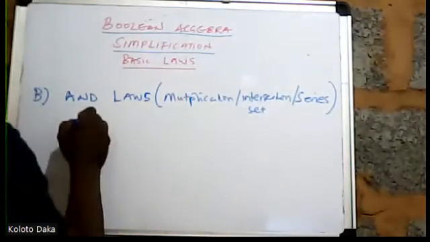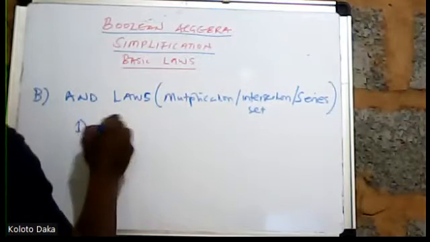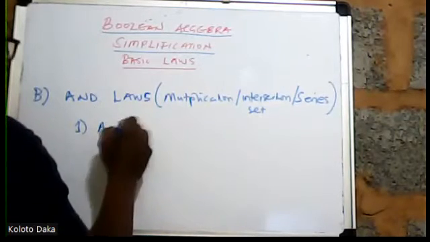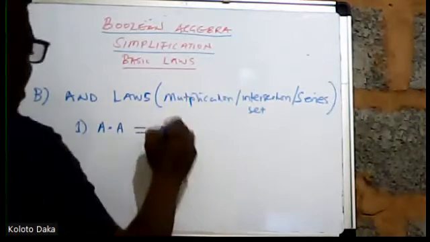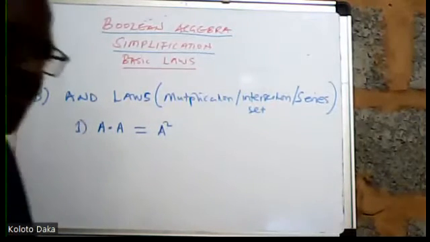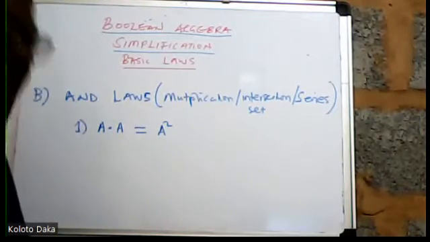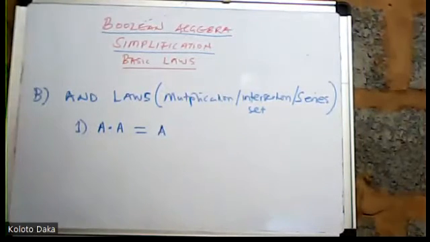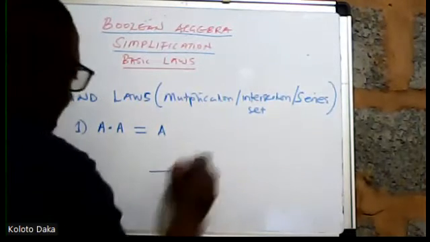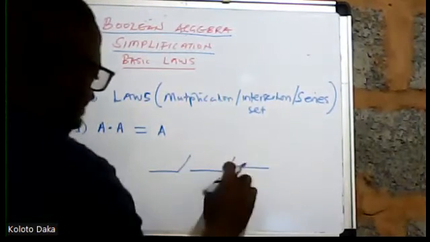The first one, A multiplied by A. Basic mathematics, the answer should be what? A squared. But there is no 2 in Boolean algebra. So the answer is simply A. This simply means we have this situation here.